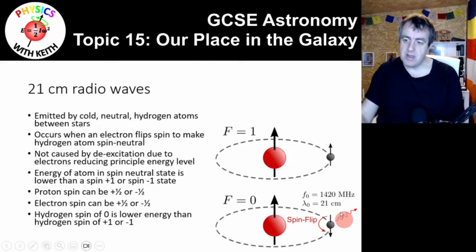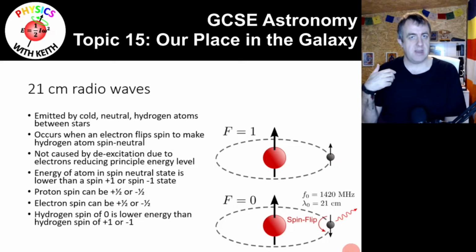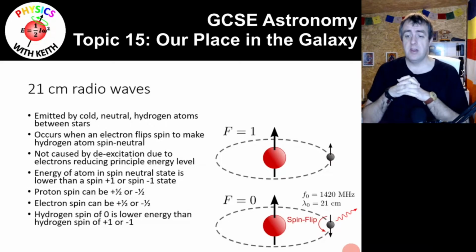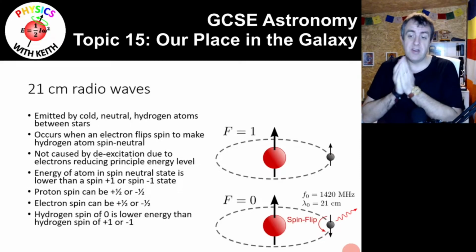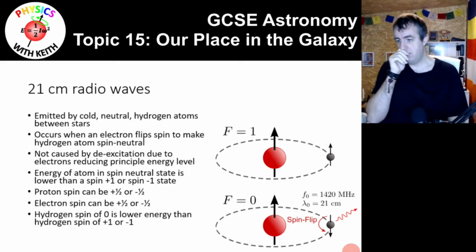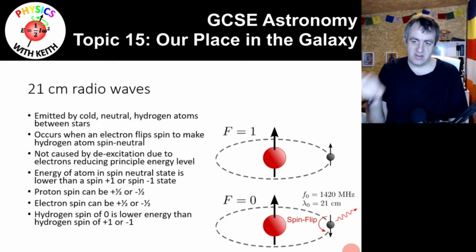And so flipping the spin of the electron causes a reduction in energy of the atom. Not a huge amount of energy, but that's why we are getting radiation emitted that's of particularly large wavelengths. And this particular wavelength, 21 centimetres, corresponds to this transition.